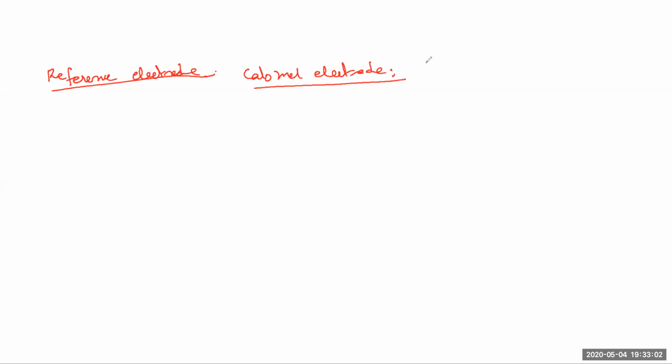Okay, it consists of mercury, and I will draw a small diagram. You just draw the diagram. Here, this is the mercury.